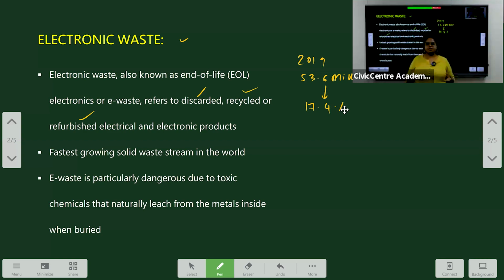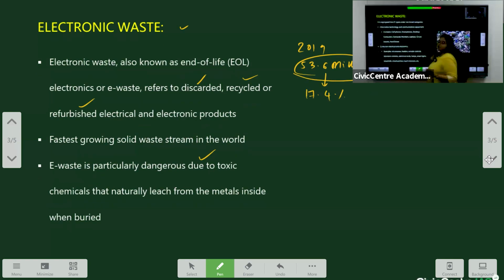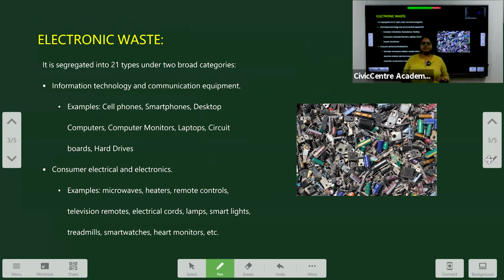So we can imagine what amount of the waste goes untreated and is disposed into the environment. So let's look at what toxic and dangerous chemicals are released into the environment when e-waste is released without treating.